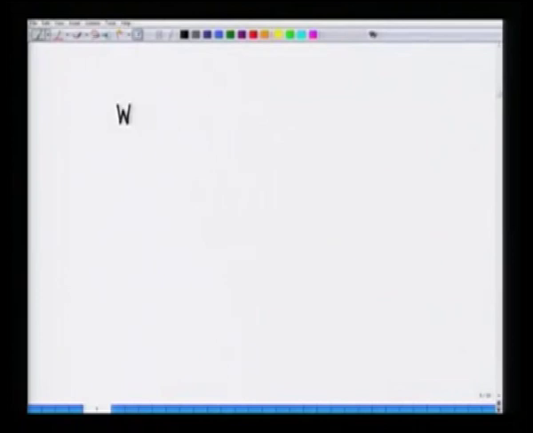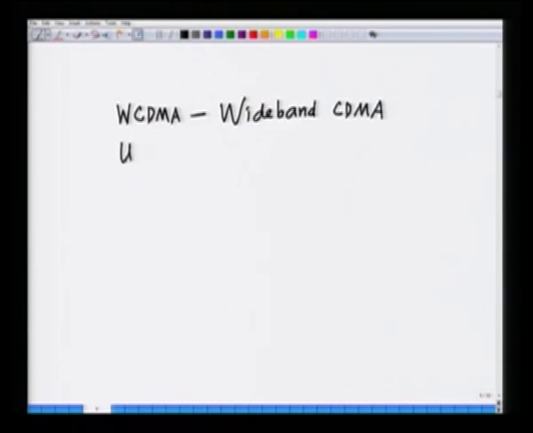Let me give you again a list of acronyms for your reference. WCDMA, we have already seen that CDMA stands for code division multiple access. WCDMA stands for wideband CDMA, or essentially wideband code division multiple access.